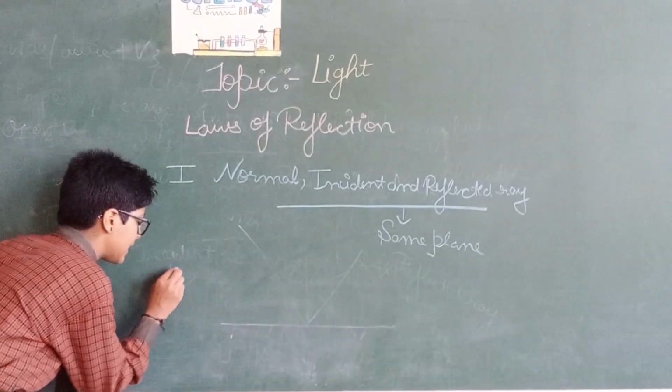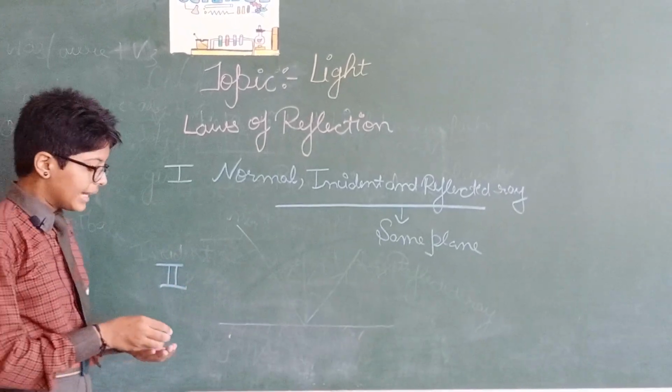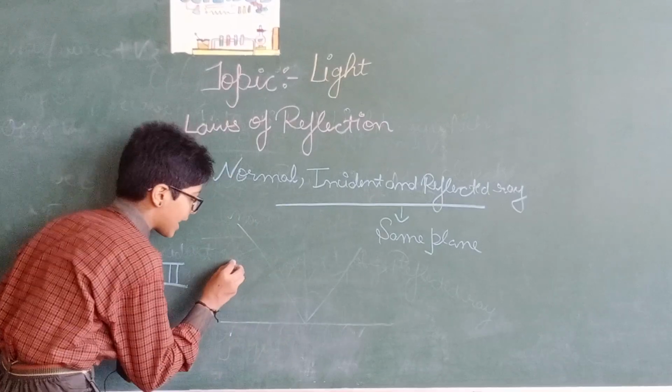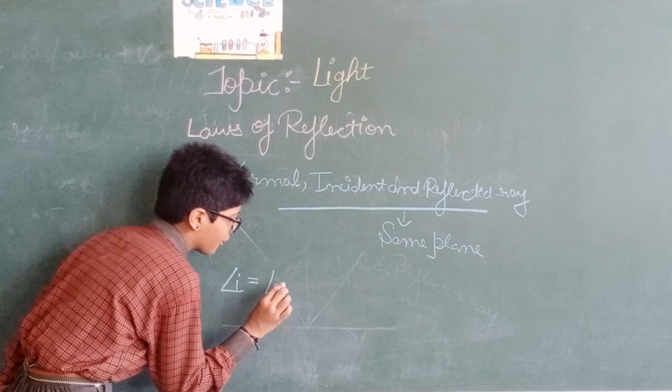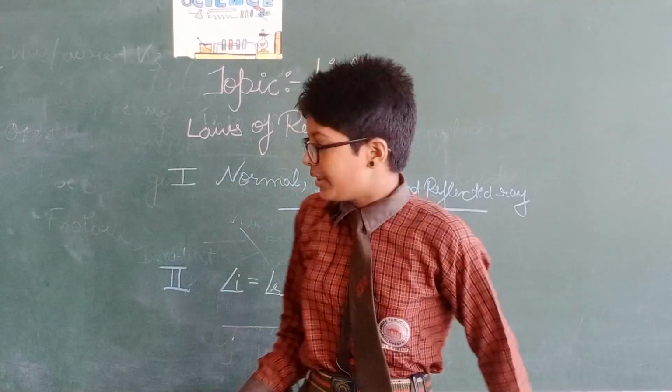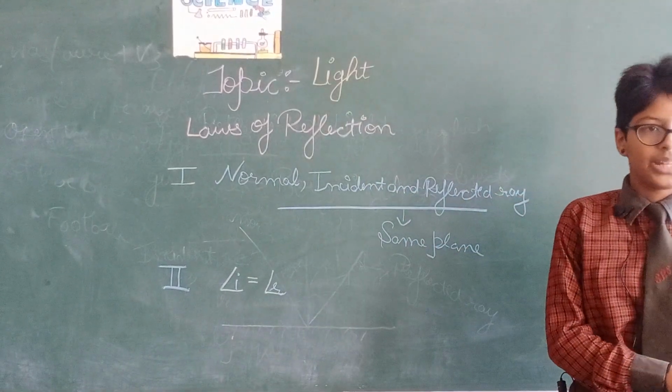The second one is that angle i, which is the angle of incidence, is always equal to angle r, which is the angle of reflection. These both angles are always equal.